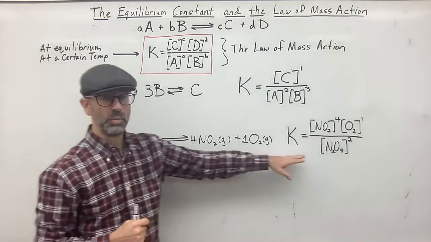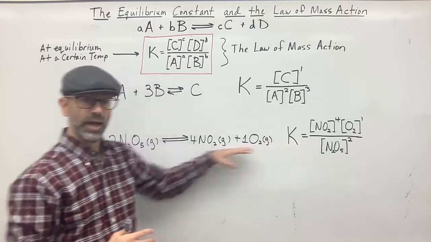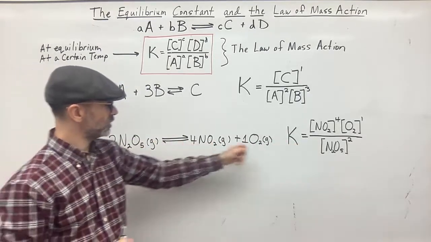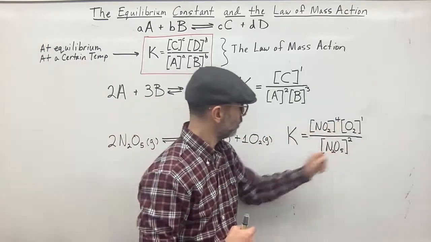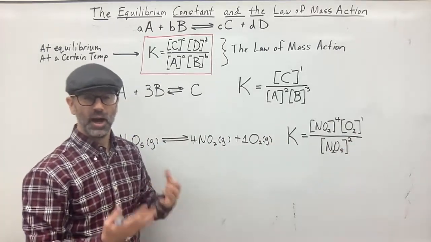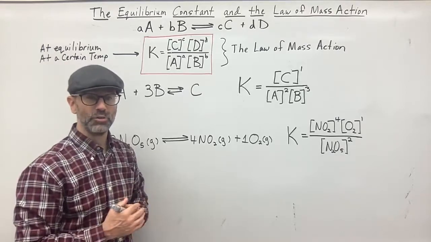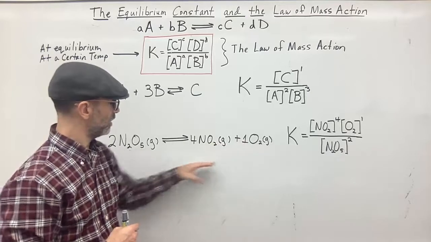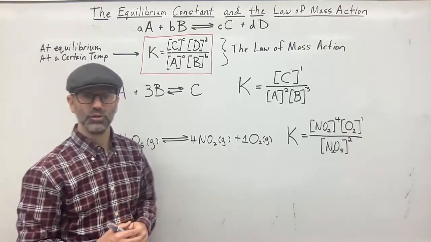And so this would be the equilibrium constant expression for this reaction at equilibrium. So if we knew the concentrations of each of these at equilibrium, then we could plug those into here, calculate what K value would be at equilibrium. And that, again, should be the same K value at equilibrium no matter what these amounts end up being, right? So we'll talk more about that in future videos.